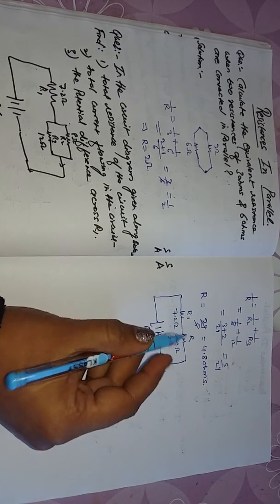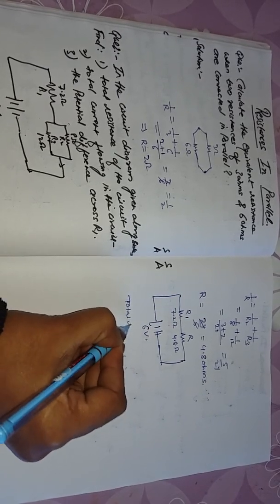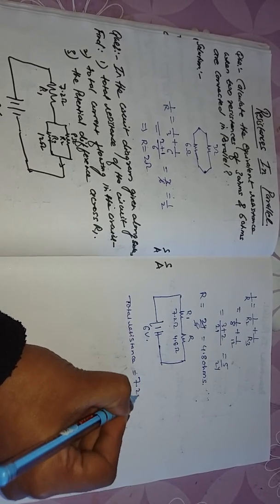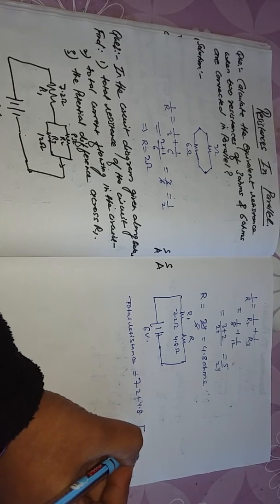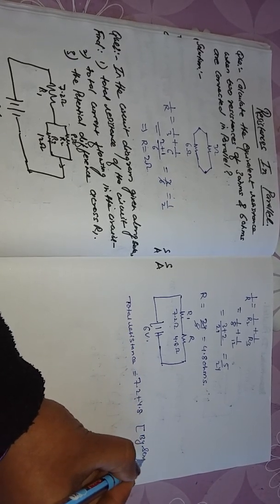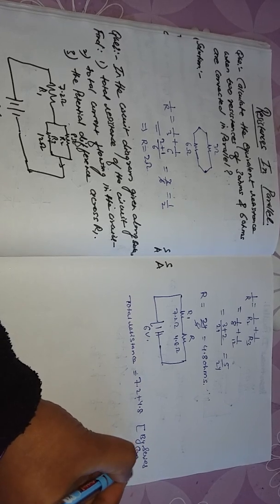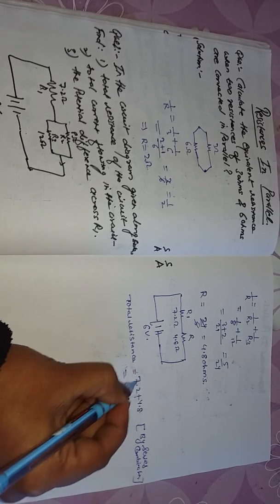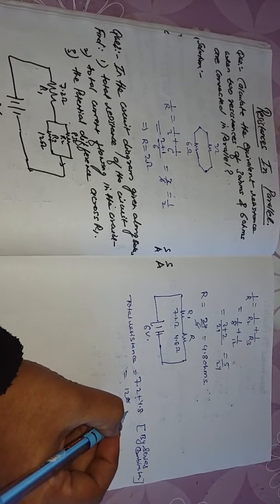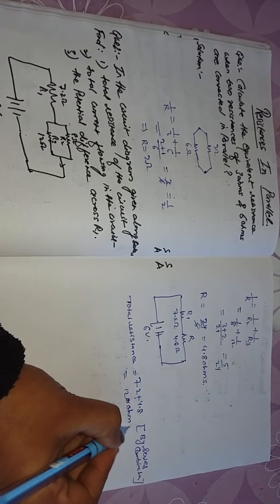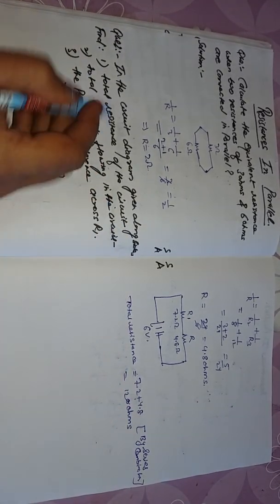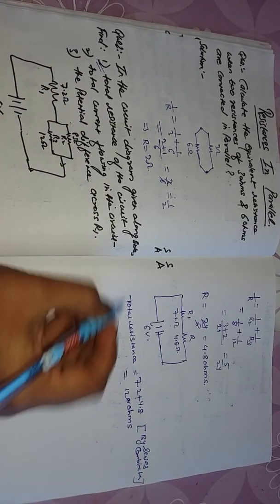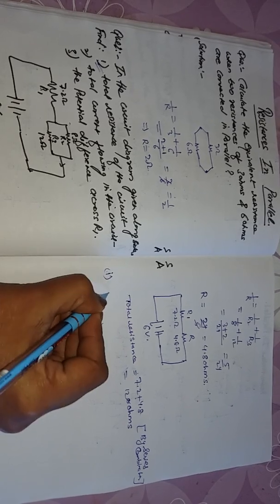Now we have to calculate total resistance, that will be equal to 7.2 plus 4.8, since by series combination, we have studied it earlier, then we get 12 ohm. This is the answer of our first question, that is the total resistance of the circuit. The total resistance of the circuit is 12 ohms.